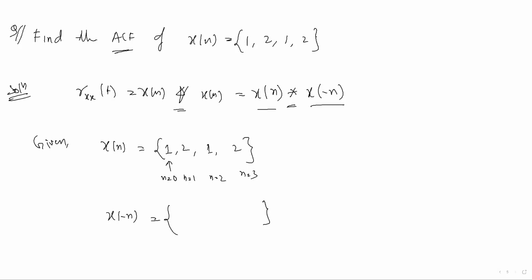Please reply. Can you say? This is the folding signal, isn't it? Time folding signal. So if this is n equal to 1, 1 is at n equal to 0, then what will be here at n equal to 0? Okay, let me know. Just reply. You can write in the chat box also. What is the value at n equal to 0? Can you say that? What is the value at n equal to 0 for this folding signal?